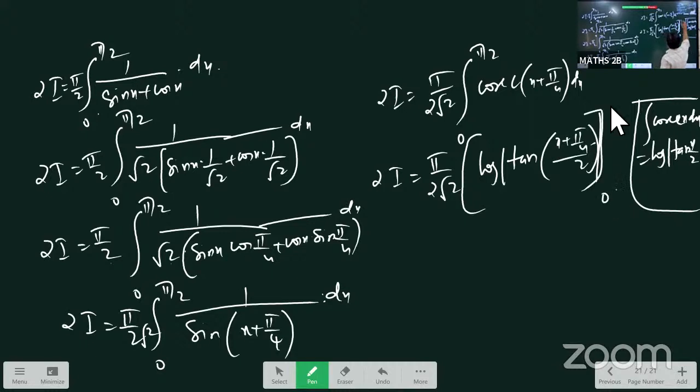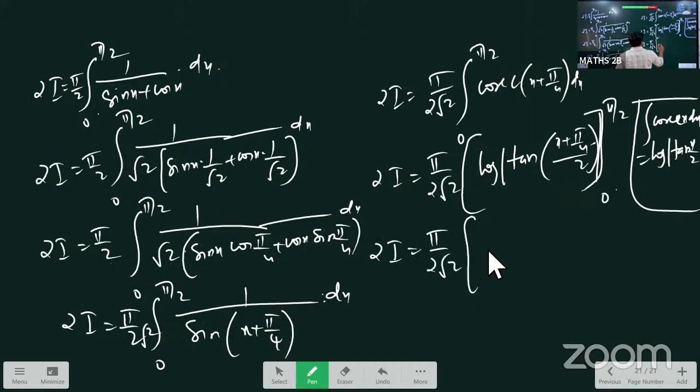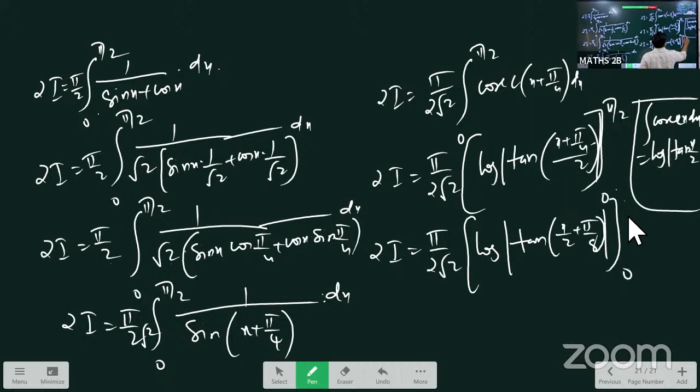What are your limits? 0 to pi by 2. That is 2I equal to pi by 2 root 2 log of tan. Separate your 2 for both the numerators. That becomes x by 2 plus pi by 8, with limits 0 to pi by 2.